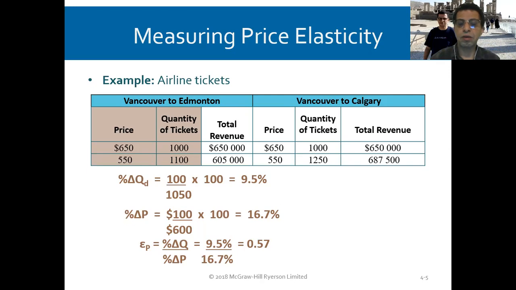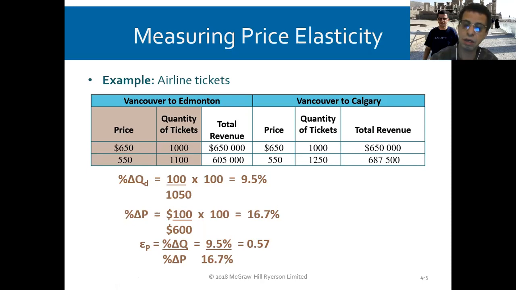So to calculate the elasticity, what you do is subtract the quantity demanded, which by decreasing the price, there is a 100 difference here. And divide by the average quantity, which is 1,000 plus 1,100, which becomes 2,100, divided by two because that's the average you take, multiplied by 100%, which becomes 9.5.